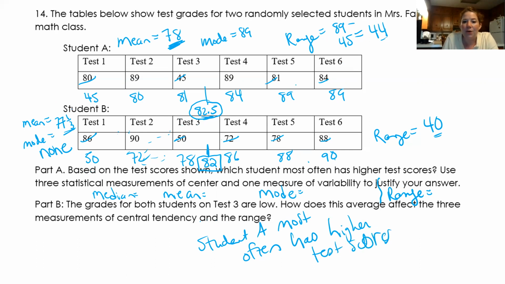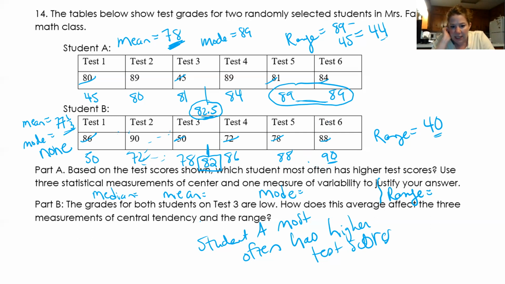And even the mode for student A is 89. Although student B has a high score, 89 is actually the average between 88 and 90, right? But based on the mean and the median, student A most often has higher test scores, okay?